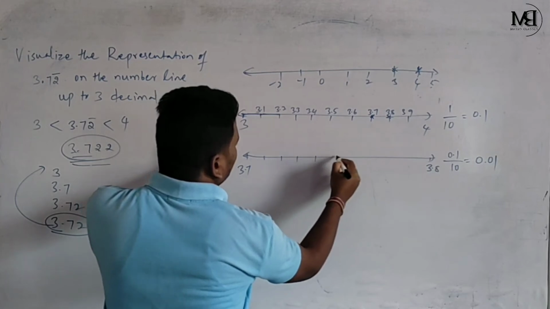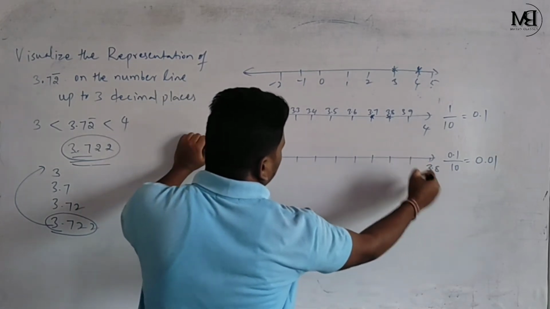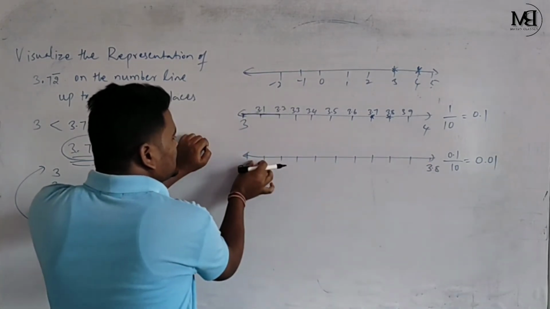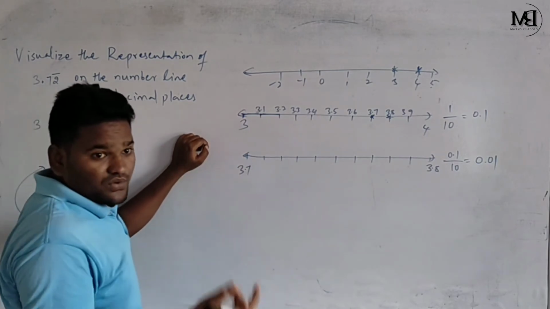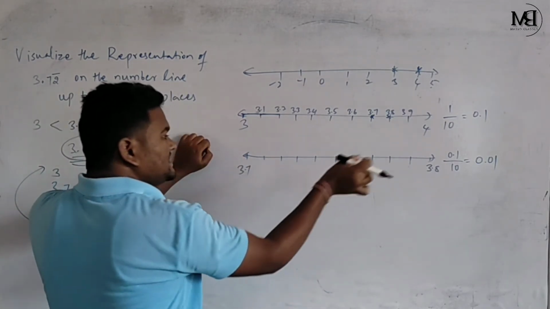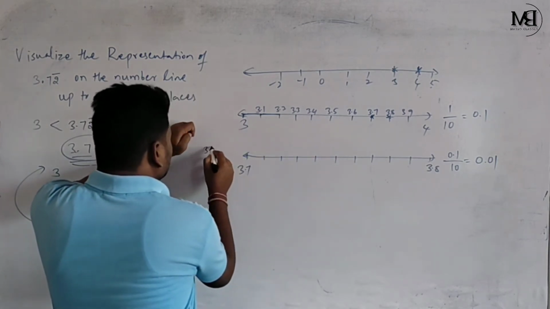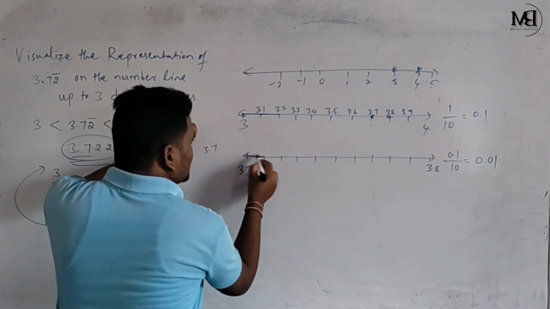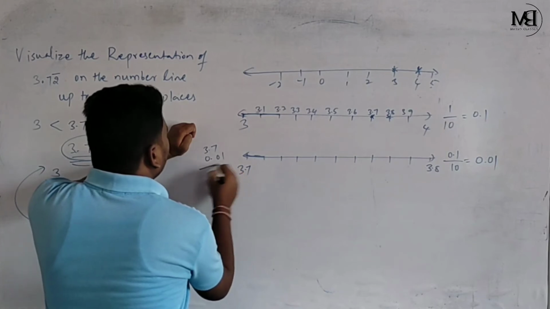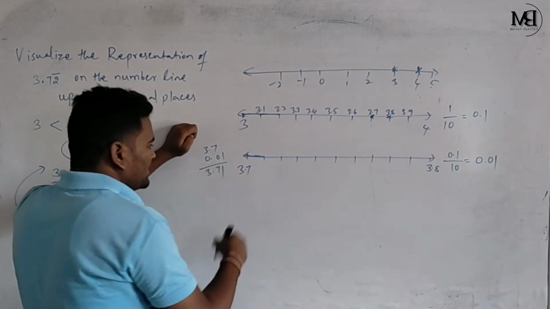1, 2, 3, 4, 5, 6, 7, 8, 9. Now each part is 0.01 unit. This 3.7 plus 0.01 will be 3.71.